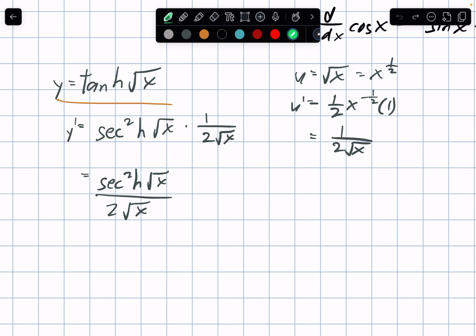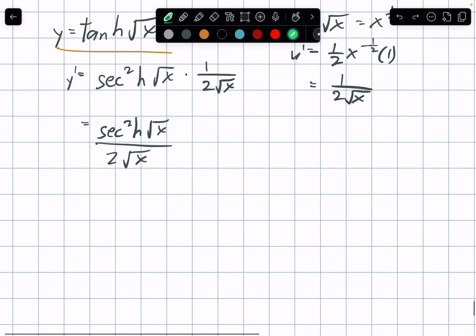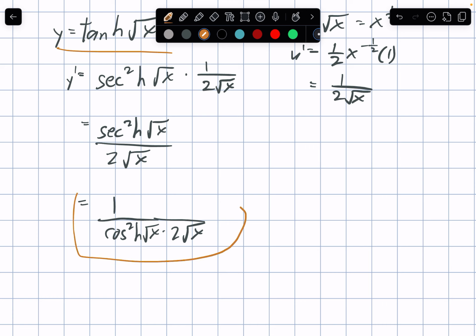As tempting as it can be that we might want to cancel, I don't think that's allowed. Yeah, it isn't allowed, because this is the x coming from the trigonometric identity itself. At least that's the way I'd want to explain it. I am out of formality, I know. We could rewrite the final answer as this.